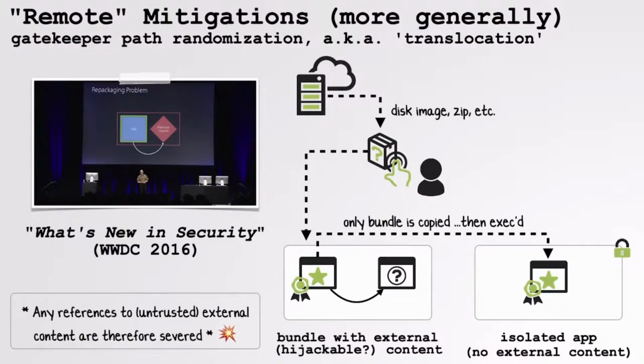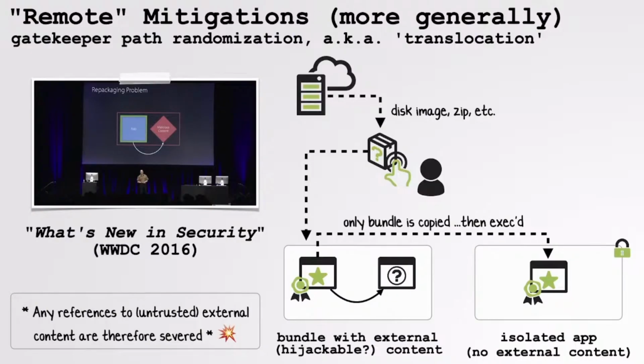We've checked perhaps the application bundle, that it's notarized and signed, et cetera, but Apple understood that they cannot really protect against external content, anything else on that disk image. So what they did to actually protect against the wide range of attacks is introduce something that I refer to as translocation, but Apple calls Gatekeeper path randomization.